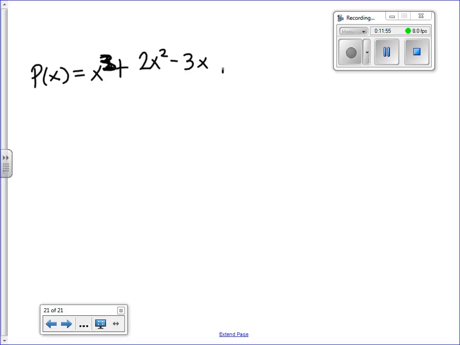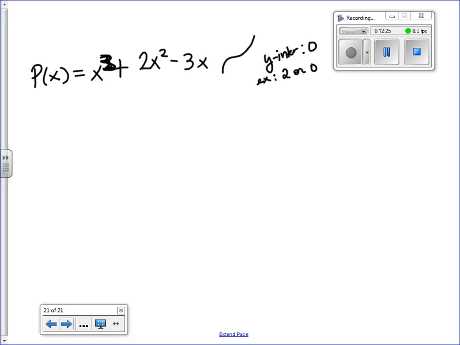Like this, yeah. That's what it's going to look like. What's the y-intercept? 0. Okay. How many extrema could I have possibly? I could have 2, or I could have 0 extrema. Okay. So that's what I can tell just from the way it looks right there.